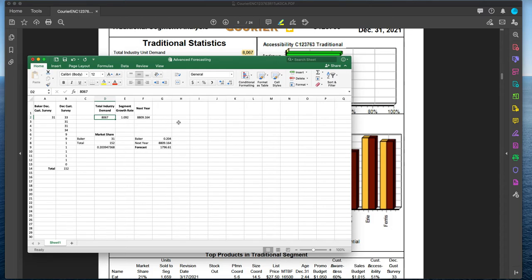The last step is to take this percent of the market share, take next year's demand, and multiply the two together. That tells us that Baker should be able to sell 1,796 units. This technique is much more accurate than using the basic forecasting method. I recommend, again, from year 2 and beyond, that you do this for each of your products in each of the segments.